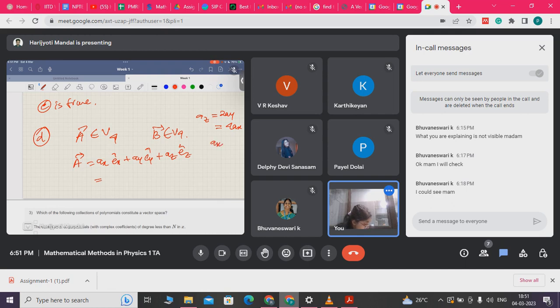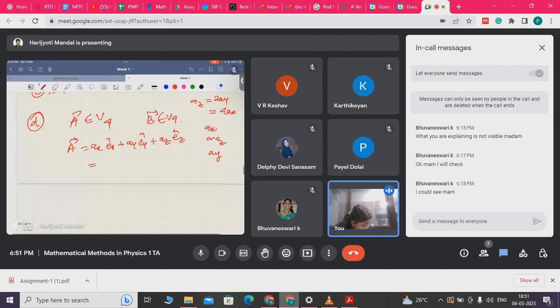If we want to write all those things in terms of ax or az, or you can also write in terms of ay, the main point is you have to write all those things in terms of either ax or ay or az, not all three variables at the same time, because you have been given a condition.